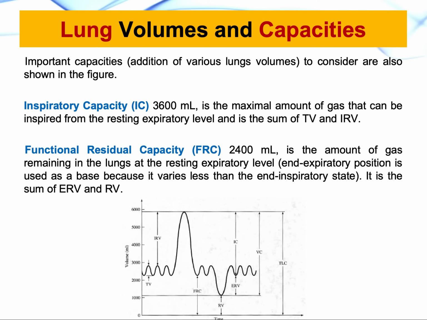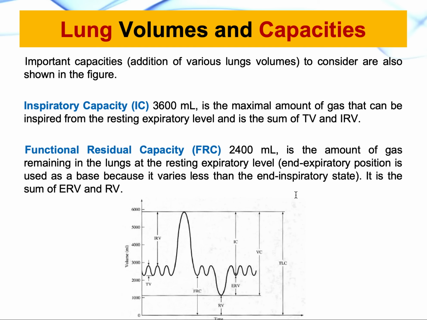The functional residual capacity, which is the last quantity that I would like to cover, is the amount of gas remaining in the lung. FRC, which is this one here, is the amount of gas remaining in the lung at the resting expiratory level. It is the sum of the two other values, ERV and also RV.